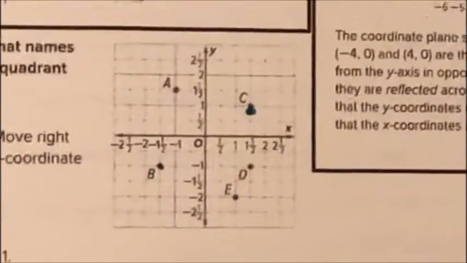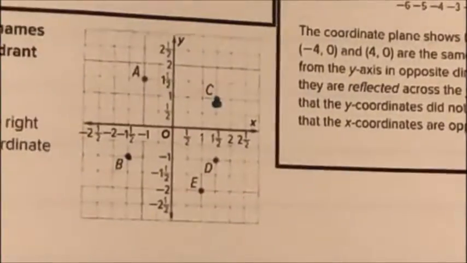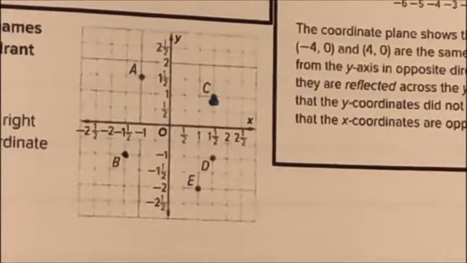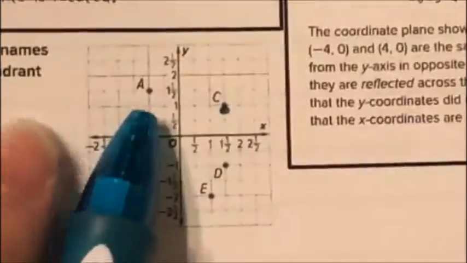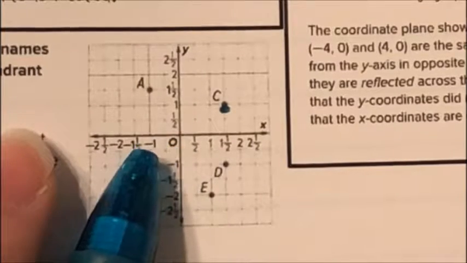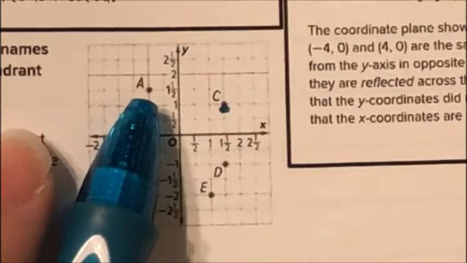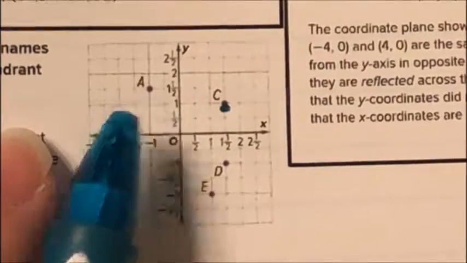So we're going to go back to example 1. Okay, so here's my example number 1. And it said point A. Here's point A. So I'm going over -1 and up to 1.5.